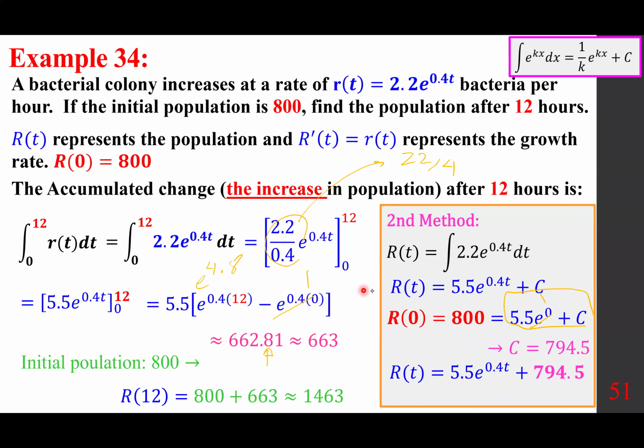You don't have to go through the process. The advantage of this is that at any given time, you just plug in the t. In this case, if we plug in 12, we must and we will get the same value, everybody. So it's pretty straightforward.